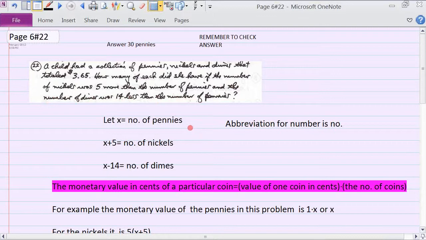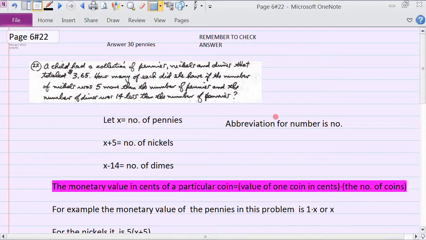So first we're going to set up a statement that gives us the number of each one of these coins. The statement says how many of each did she have, so we want the number of pennies. The number of nickels is 5 more than the number of pennies.